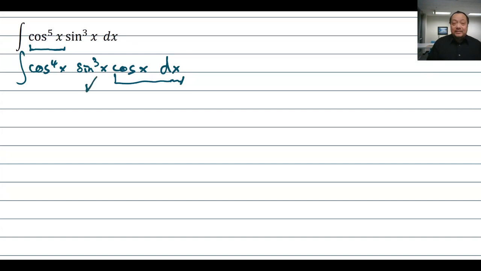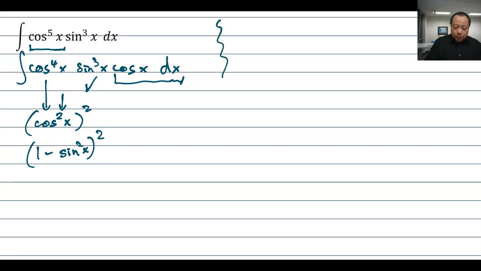Well, this is already sine. This one, cosine to the fourth, is the same as cosine squared squared. And now you see the key in separating out one of the odds so that the rest is even. The rest is even, so I can have the cosine squared inside like that. And cosine squared is 1 minus sine squared.